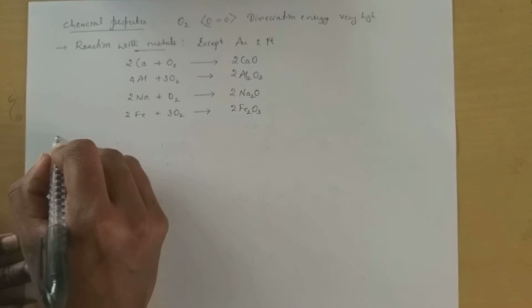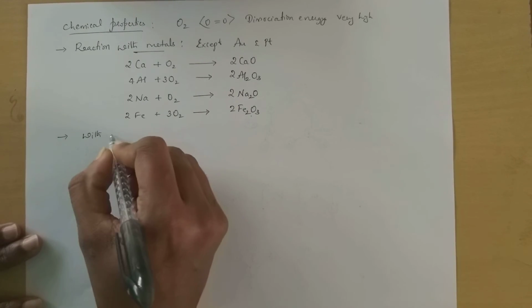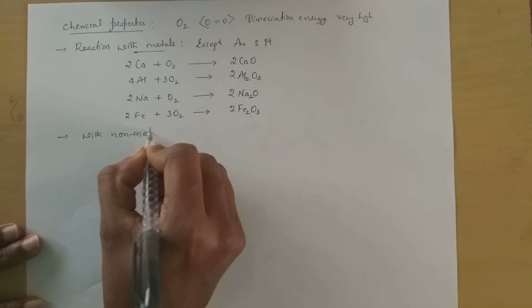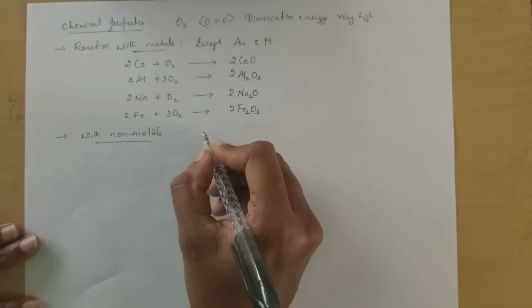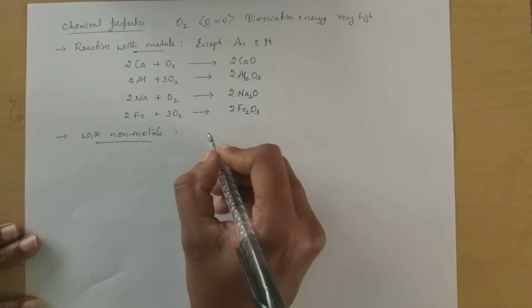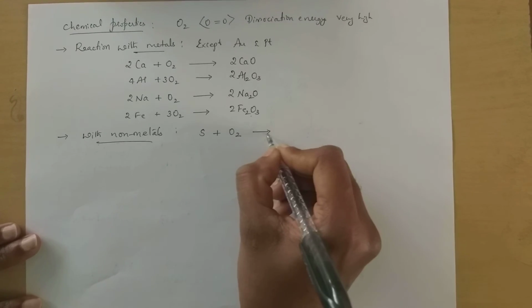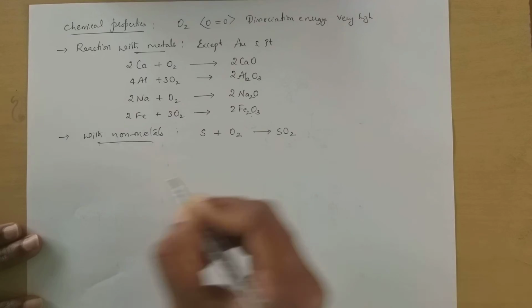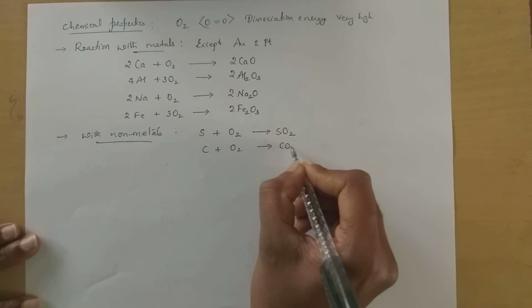Next we have reaction with non-metals. Sulfur reacts with oxygen to give sulfur dioxide. Carbon reacts with oxygen to give carbon dioxide.